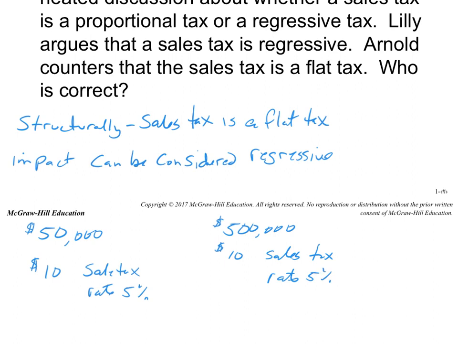So the argument is that the impact of the tax you pay is much larger for this family than it is for the $500,000 a year family.